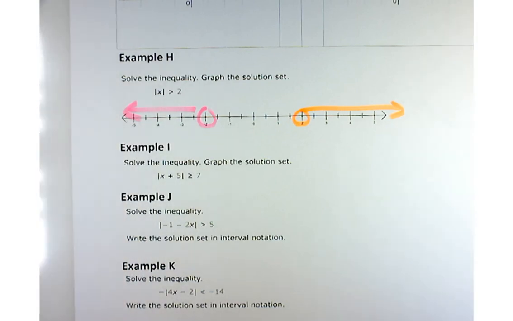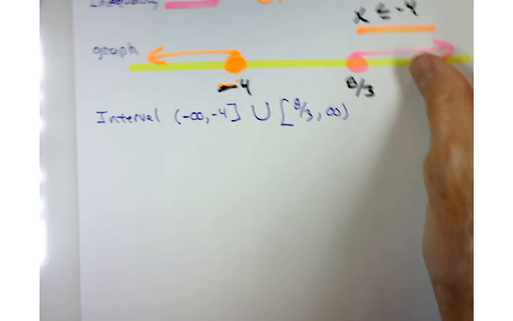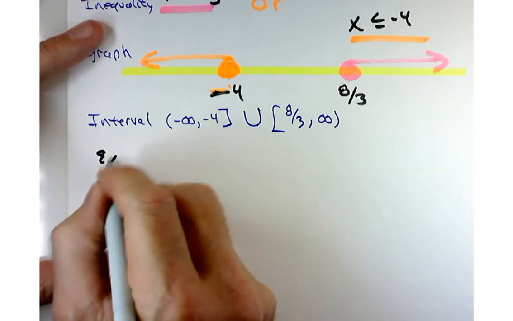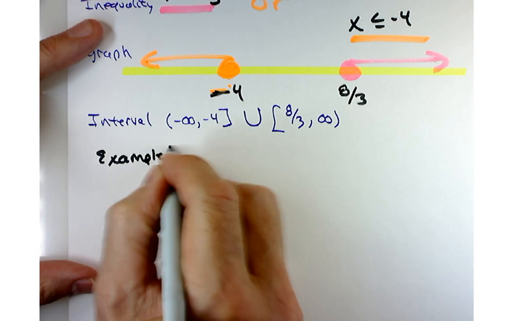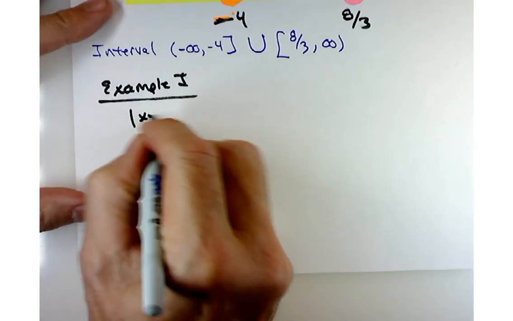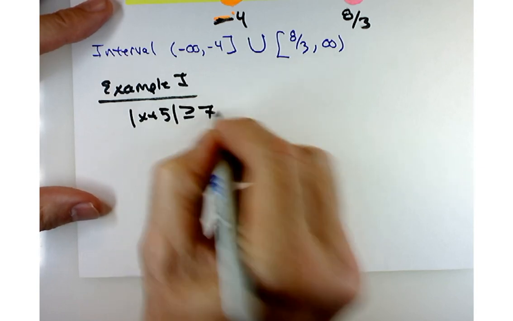All right, so let's do kind of a simple one to get warmed up. That'd be example I. The absolute value of x plus 5 is greater than or equal to 7.